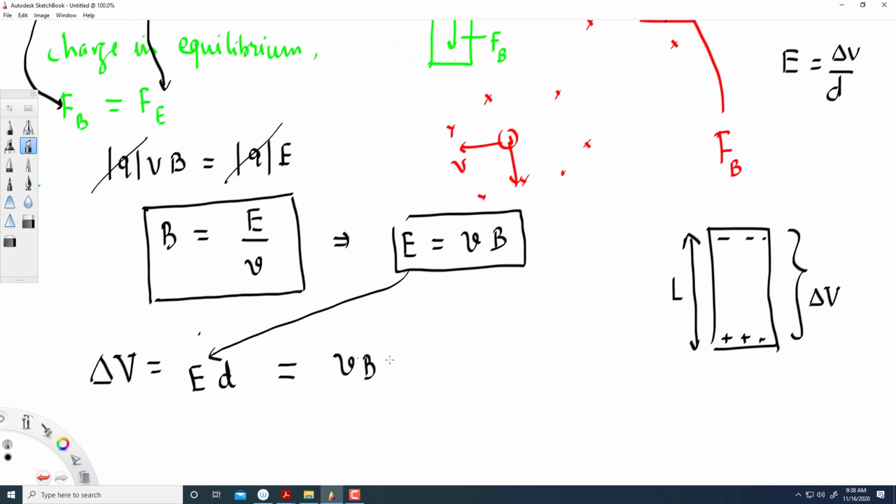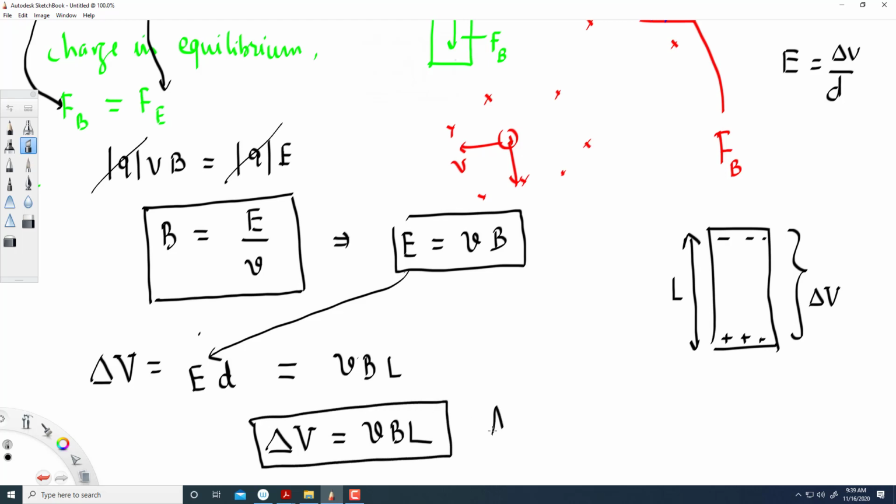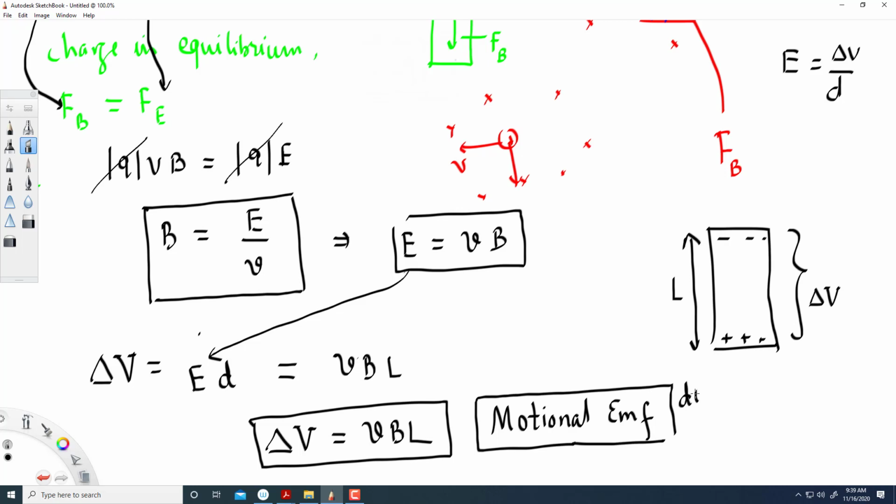So D is L. That means the potential difference produced in this rod is VBL. So this is the motional EMF, or motional potential difference, which is the potential difference due to the motion of the conductor in a magnetic field.